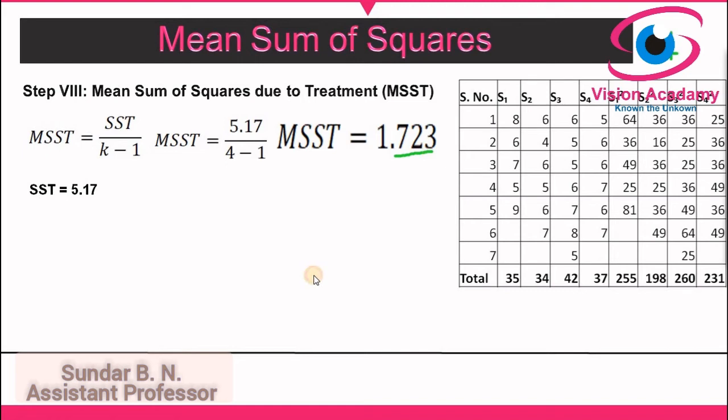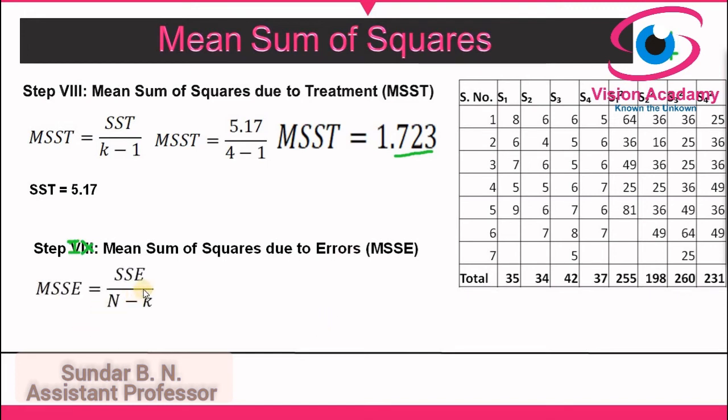Then let's go for MSSE, that is mean sum of square due to errors, and we know the formula, that is SSE by n minus k. Since we are dealing with mean sum of square due to errors, we have to take sum of square due to errors. We know that n is 24 in this example, because from school 1 we have 5 samples, from school 2 we have 6 samples, from school 3 we have 7 samples, and at the end from school 4 we have 6 samples.